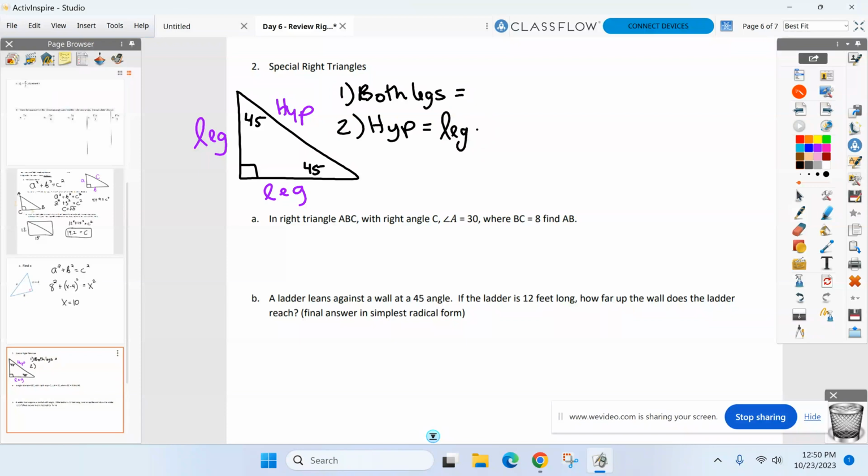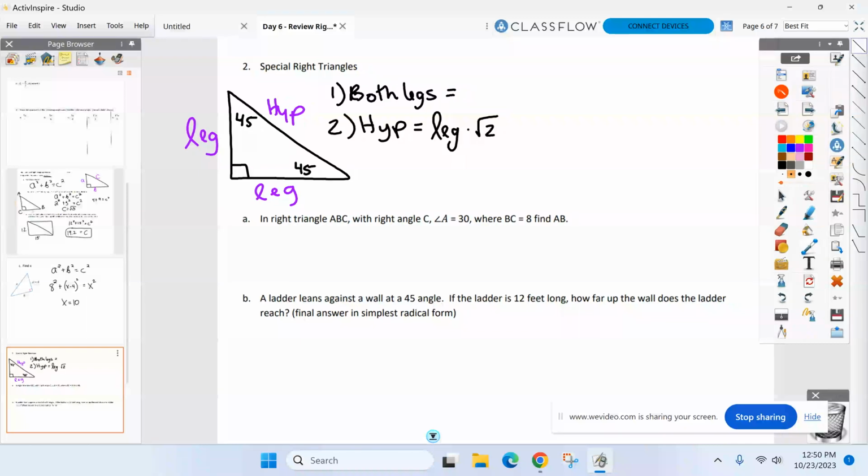This would be ridiculous if you did Pythag, but square root of 2. Okay, so I multiply it by the square root of 2. That's for a 45, 45. The legs are always the same value. The hypotenuse you get by taking a leg and multiplying it by radical 2. And these are not anything I'm going to give you for when we take the quiz.